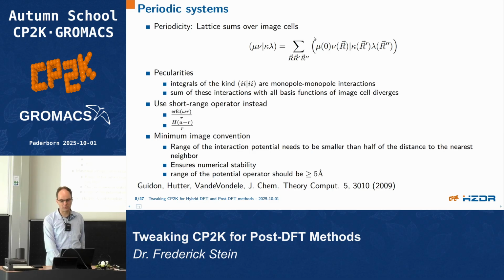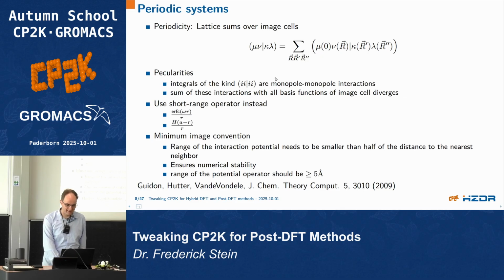And because we have 4 functions and we fix basically one to our main unit cell, we have a 3-fold sum over all image cells. And that's what makes Hartree-Fock calculations in periodic settings pretty expensive with localized basis sets.